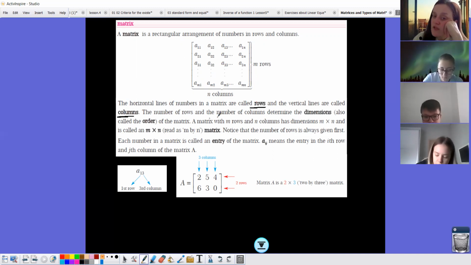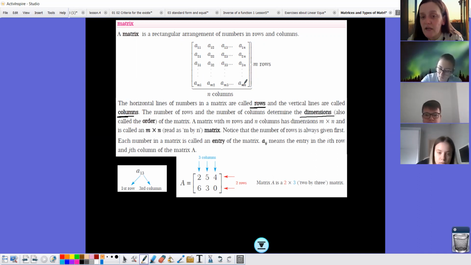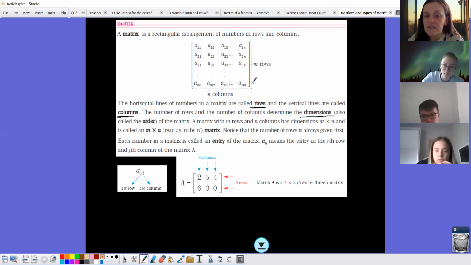The number of rows and the number of columns determine the dimensions, also called the order of the matrix. So for example, if I have n columns and m rows, the dimension of this matrix is m times n, okay?